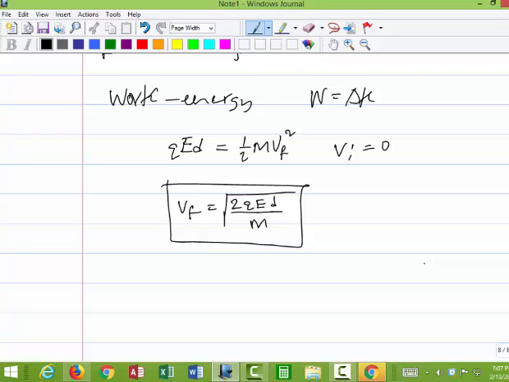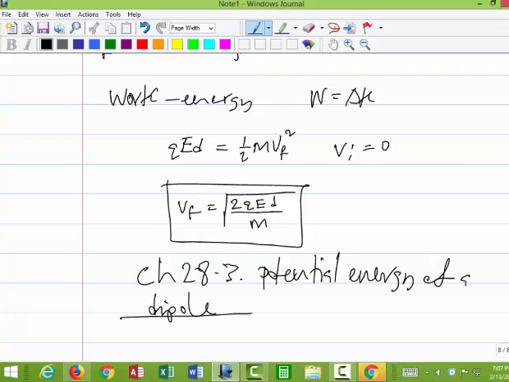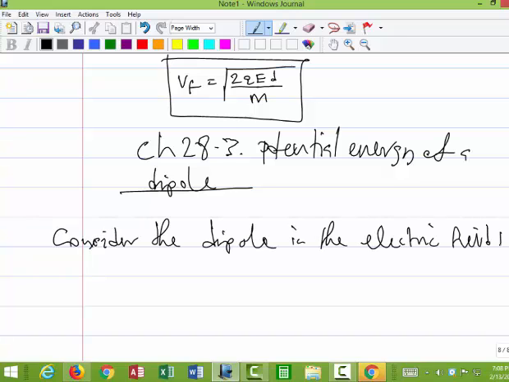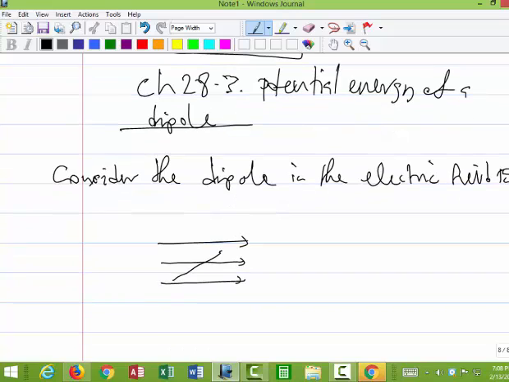Let's look at 28.3, potential of a dipole, or the electric potential energy of a dipole. So let's consider the dipole in the electric field E. Say we have an electric field going that way, and we have a dipole aligned that way in the electric field. So this will be a charge and a second charge.